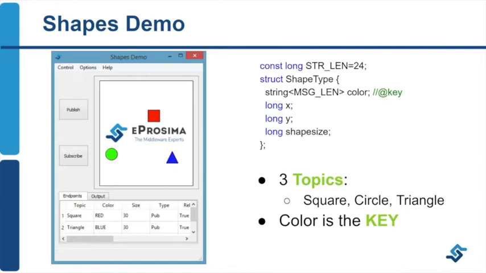In this demo, which we call the shapes demo, you have 3 different topics: the square, the circle, and the triangle. The structure we are sending is very simple: the color, the position, and the size of the shape. So let's do the demo.